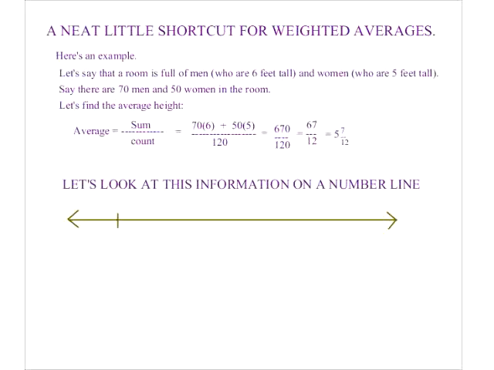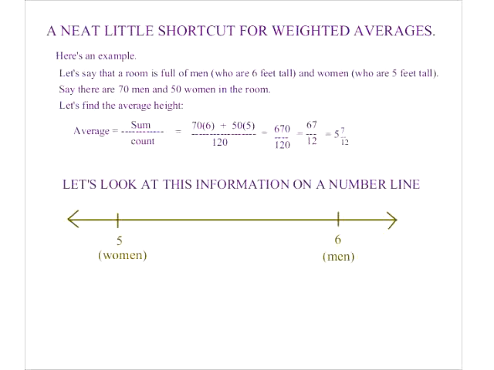Okay. On a number line, you can plot the following quantities. You can plot your women's height. This is 5 foot. This is the women's height. And on the number line, you can also plot the men's height. And let's plot the weighted average.